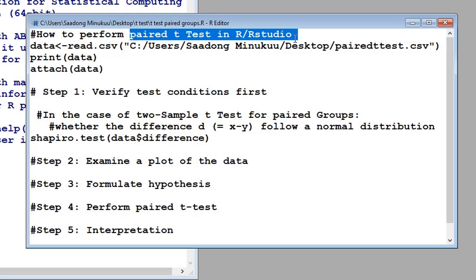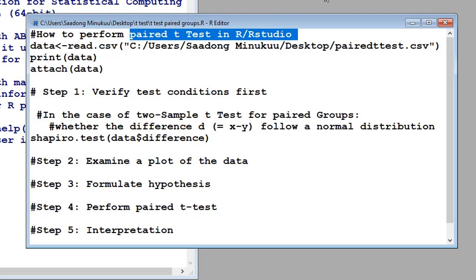So what that means is, before treatment, individual number 1 is going to have a value. After treatment, the same individual is going to have another value. Individual number 2 has a value for before treatment, and at the same time a value for after treatment. This is what we refer to as paired groups.